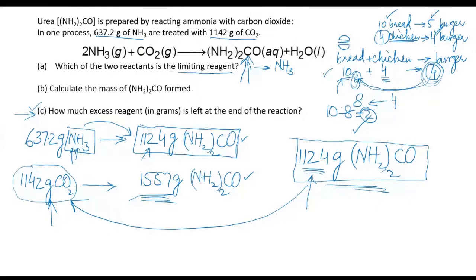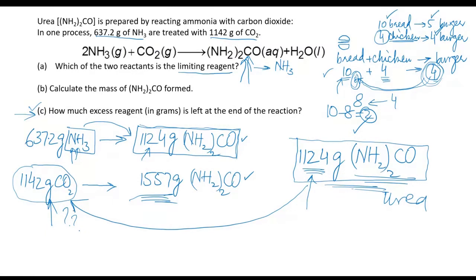You like these burgers, but you don't like this bread and this urea and carbon dioxide. 1124 grams of urea. This is urea. How much carbon dioxide is used? So you have to calculate this carbon dioxide now.